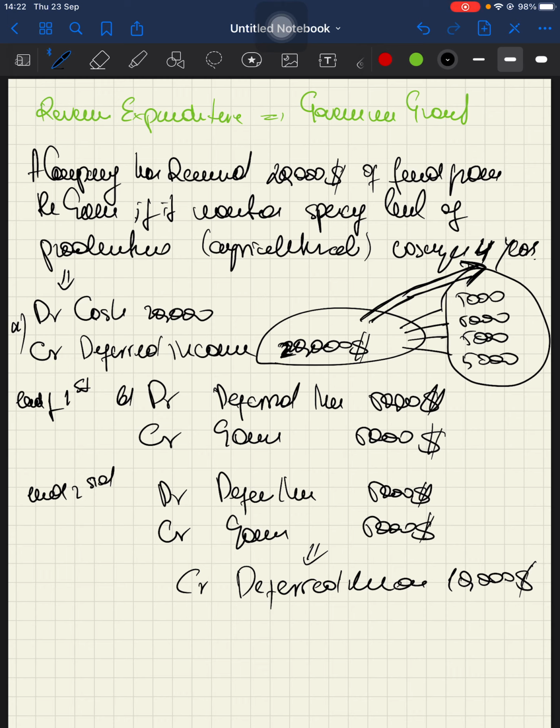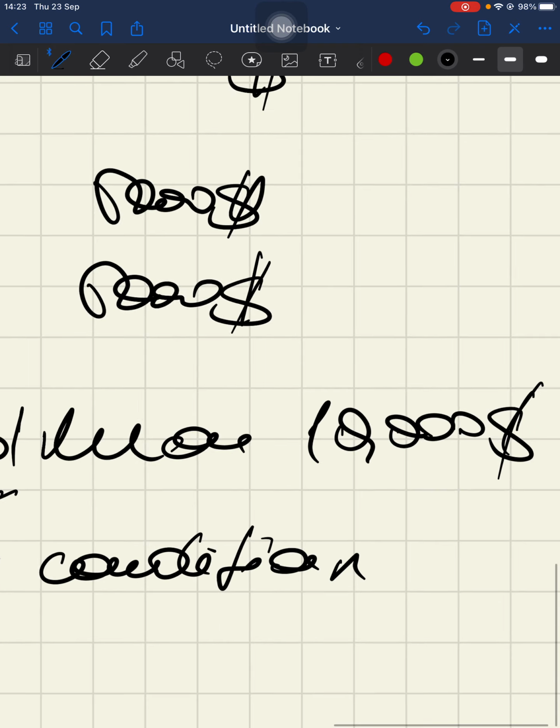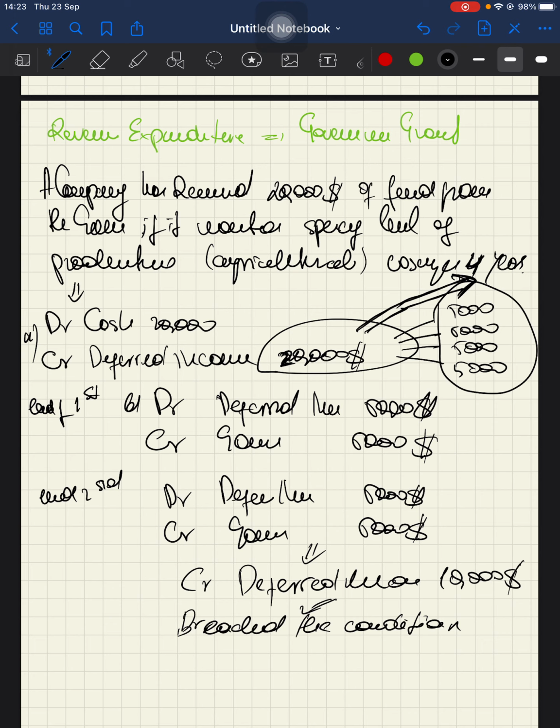And let's assume that we have breached the conditions and will no longer be able to meet the criteria, and the grant becomes repayable.